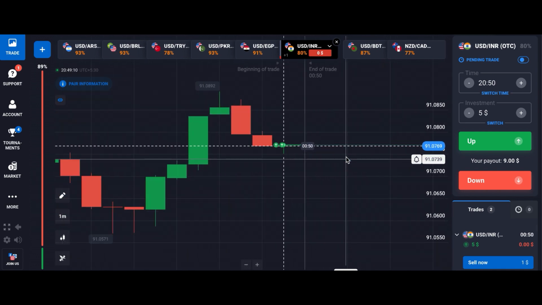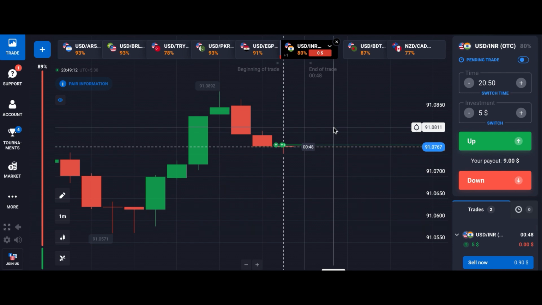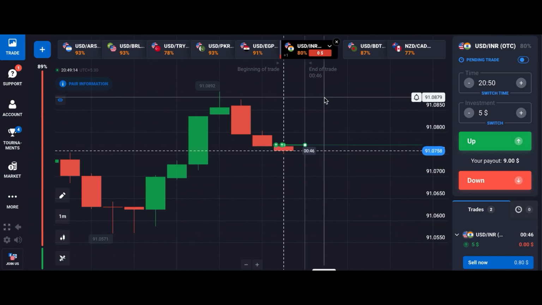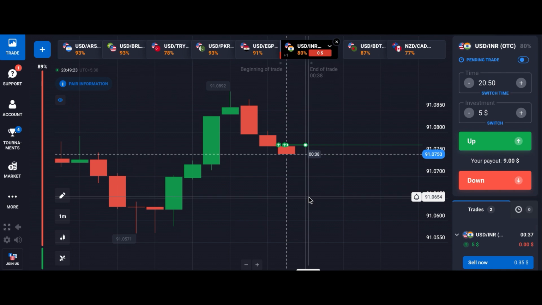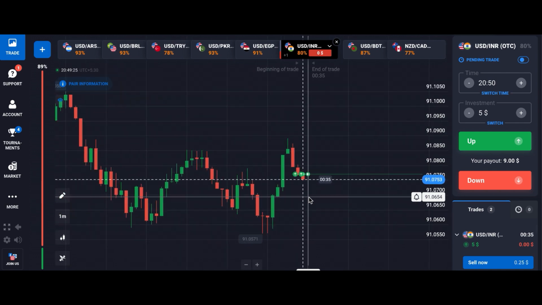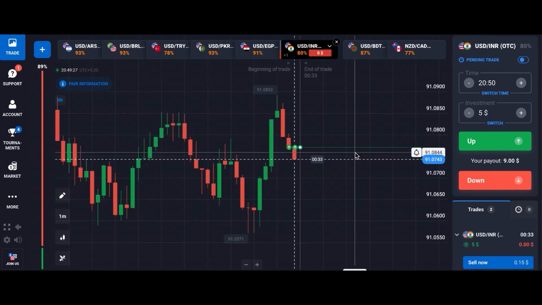Okay, now this should be a sure short win. My entries are a little bit out of time. I don't know why. Where I want to take entry, it never gets executed on that specific point.